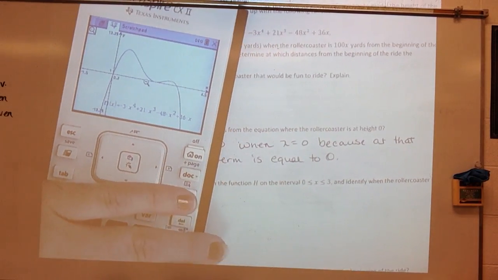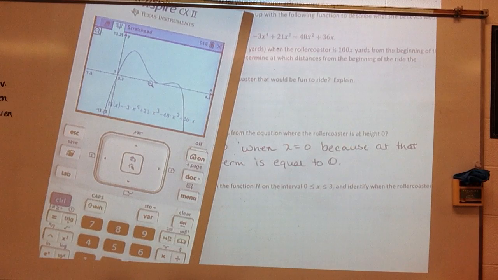So it says, see if we can figure out when the roller coaster is 0 yards off the ground. So I want to look at the lowest point on my graph when my x value satisfies h of x is equal to 0. In other words, when y is equal to 0, what is my x value?